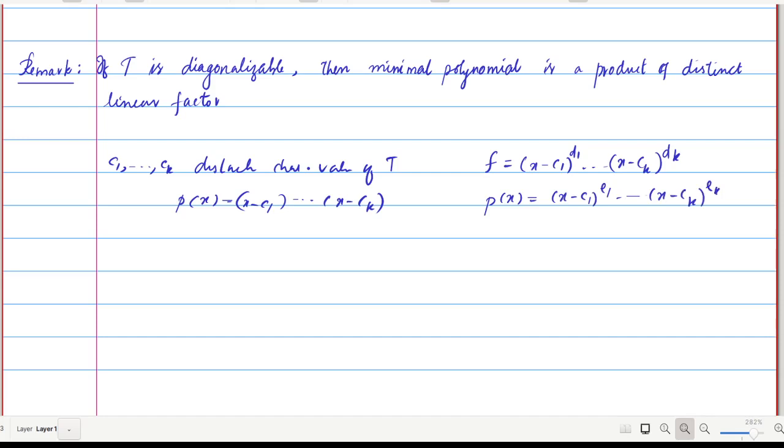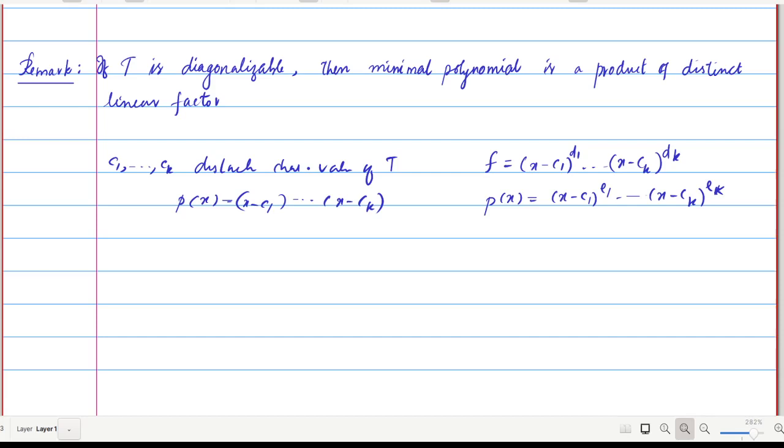We already proved in theorem 3 that all the roots of the minimal polynomial are roots of the characteristic polynomial as well. The only difference is in the multiplicity. So we can never expect any of these ei to equal 0, because whenever one of these ei's is 0, the corresponding ci will not be a root of the minimal polynomial. But we have assumed that c1, c2, ck are the roots of the characteristic polynomial as well.